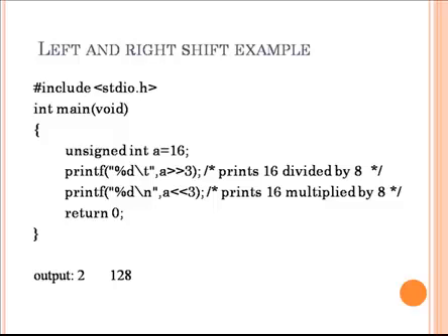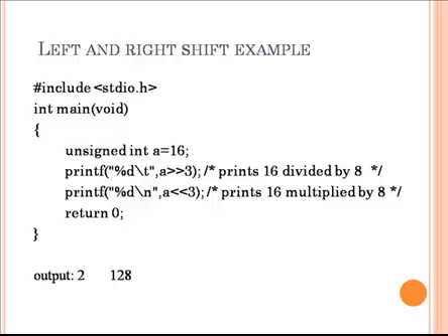16 can be represented as 3 zeros, 1 and 4 zeros. Here we are performing A >> 3. The specified number of bits is 3. So these many bit positions we will lose at the right side.